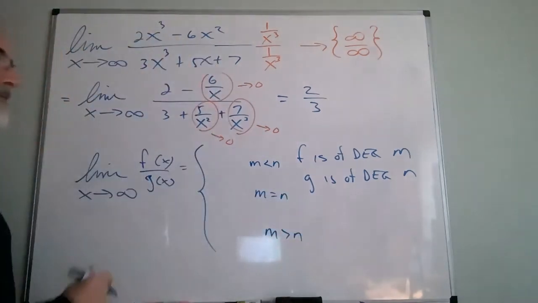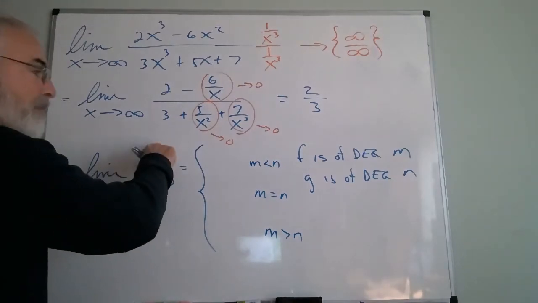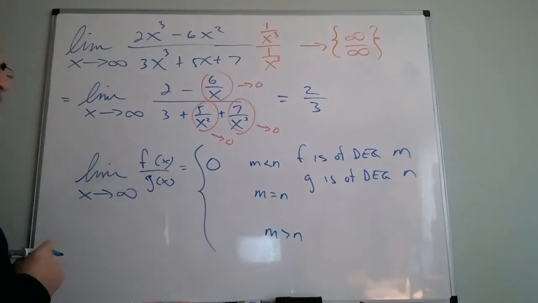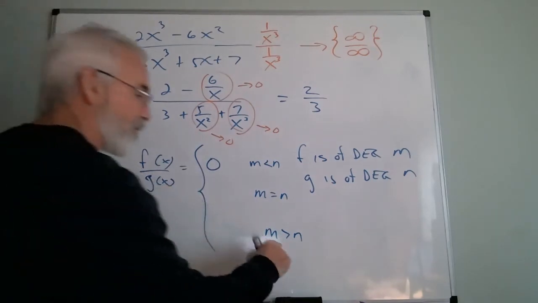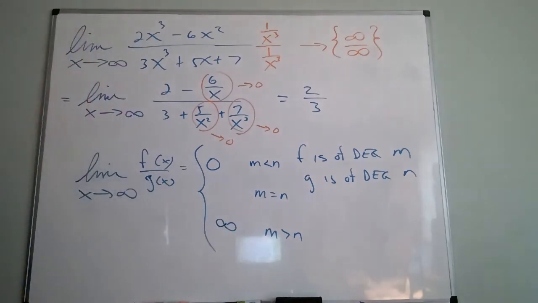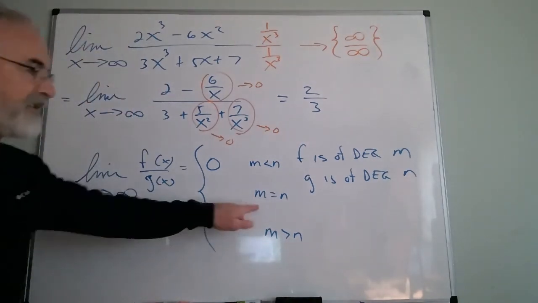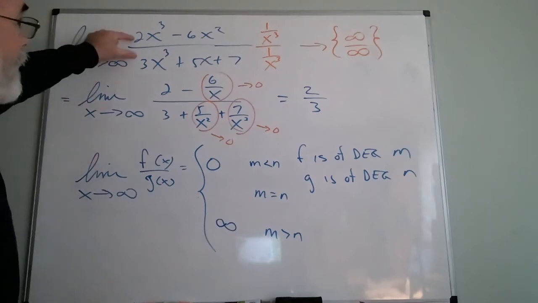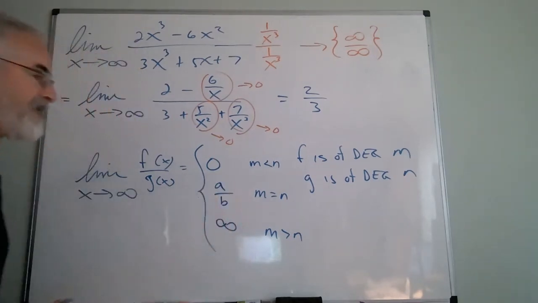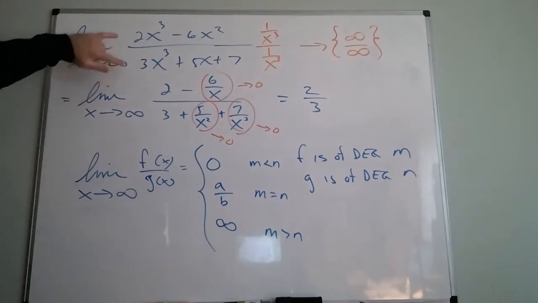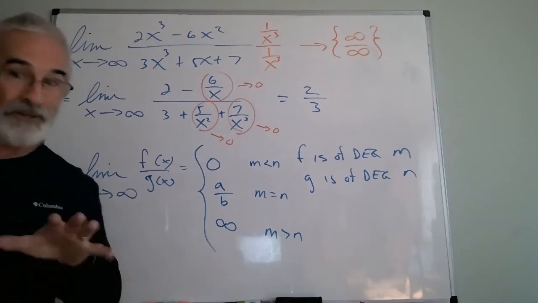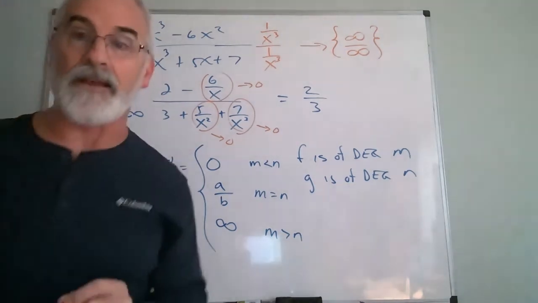So let's start. If the degree of the top is smaller than the degree of the bottom, then my limit is 0. If the degree of the top is greater than the degree of the bottom, then my limit is infinity. What if the degrees are the same? Then the answer, I'm going to write it in the form a over b, would be the ratio of the lead coefficients. That's it.